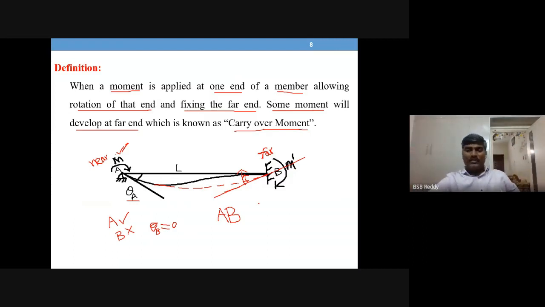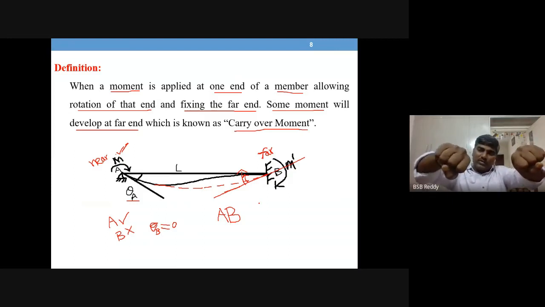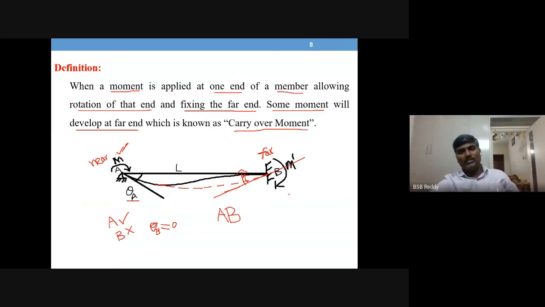So if you want to have zero theta here, you have to apply some resistance. That is what is m dash. How much resistance it will develop here, that resisting moment is called carryover moment.